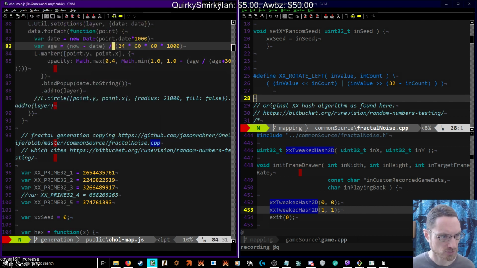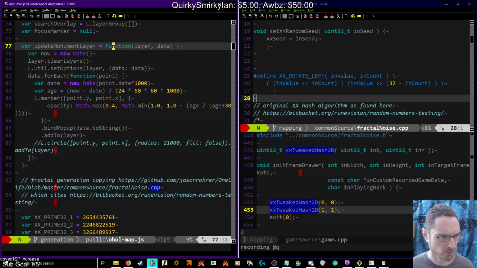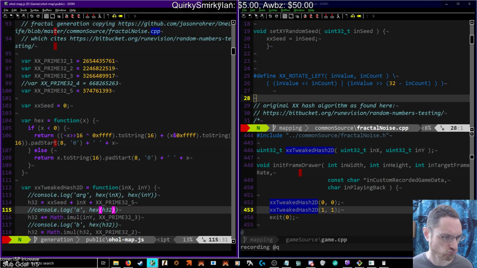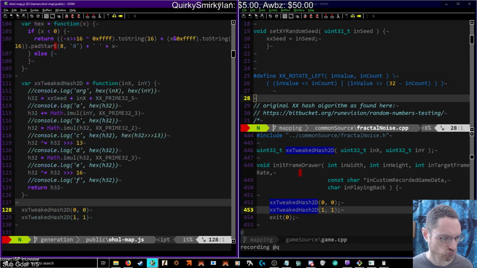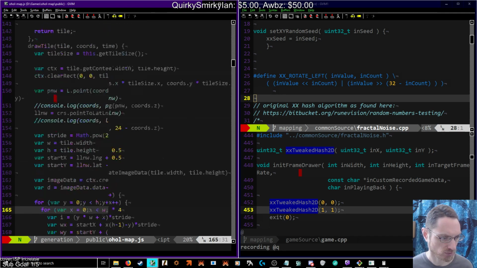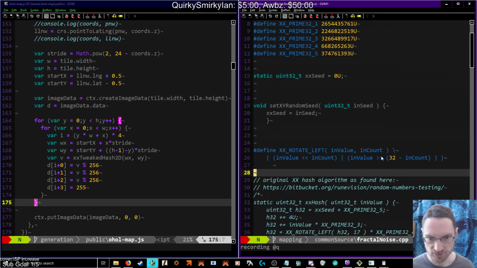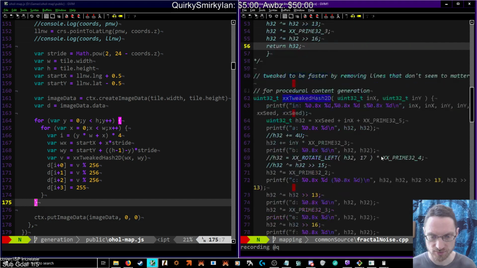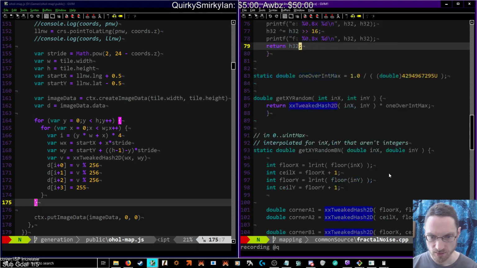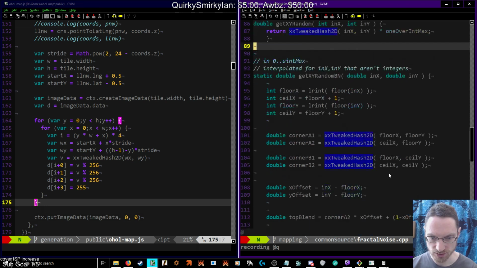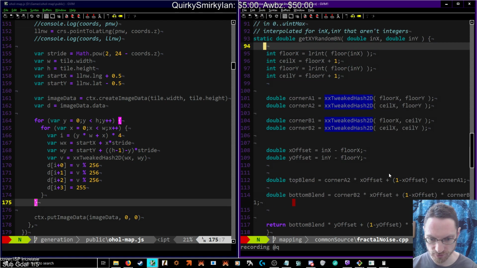I don't know if a hash function can be expected to be totally aperiodic. There are definitely some patterns. Okay. Fractal noise. So that gets us a lot of the really down and dirty stuff.